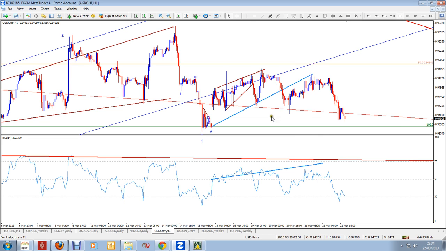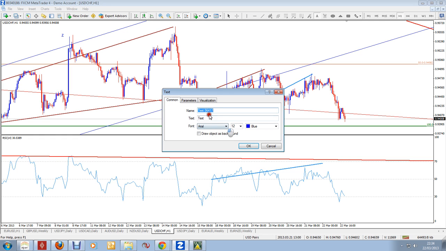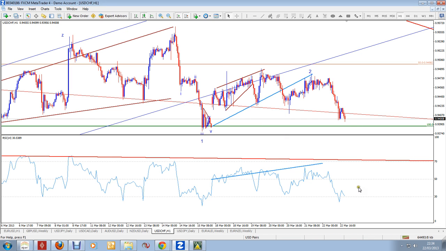So as I say, not very clear, but most likely if that's the case, then this is 1, this one is 2, in which case we should see wave 3 developing here. This one is wave 3.